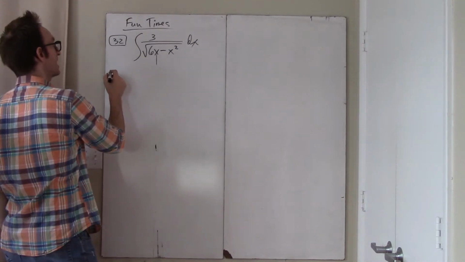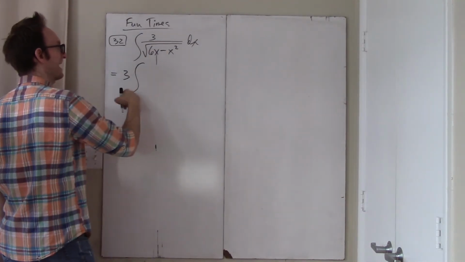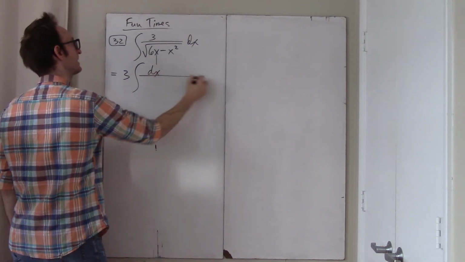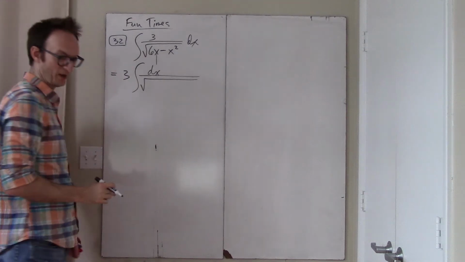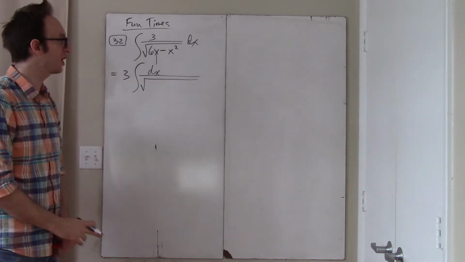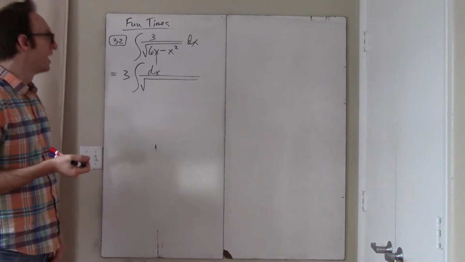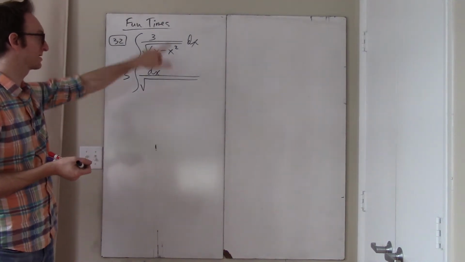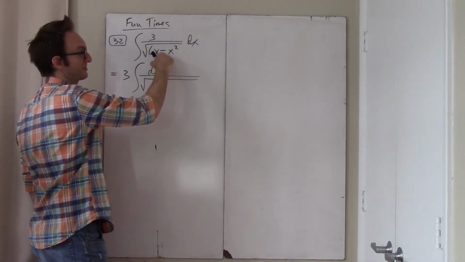Okay, let's go. First, the 3 is doing nothing, so I can take that out. And I have the square root of cha-cha-cha. Okay, I won't assume anything, but I would hope that you're very, very good at completing the square. Still, there are variant ways to do it, and I think the most organized way is to factor out this negative.